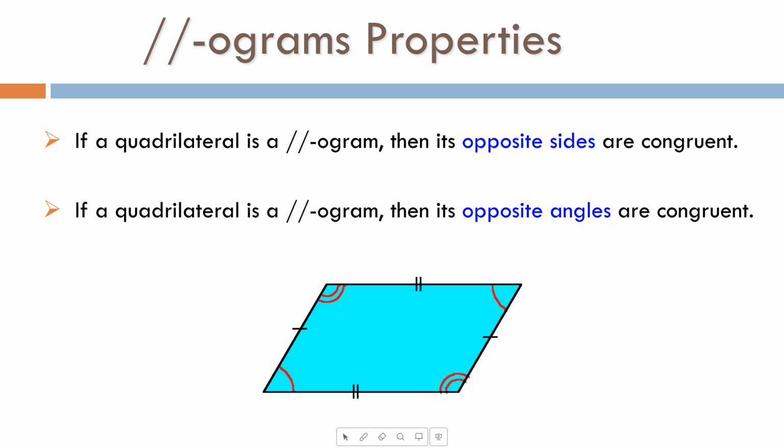Notice the different tick marks. I've got 2 tick marks on the top side and the bottom side showing that they're equal. I've got 1 tick mark on the right side and the left side showing that they're equal. So that means that not all 4 sides are equal, just the opposite sides. Same thing is true with the angles. I got 1 arc mark across 2 of the angles and then 2 arc marks across the other 2 angles. How are we doing so far? We good? Excellent, great, let's move on.